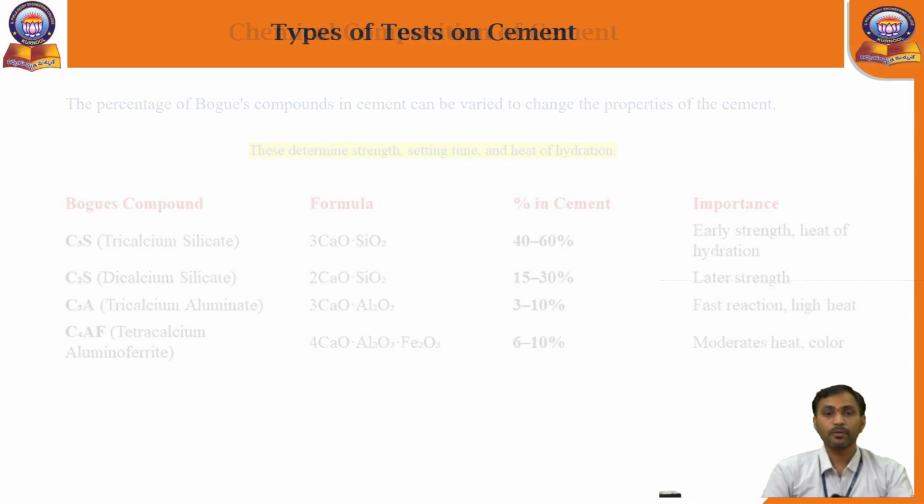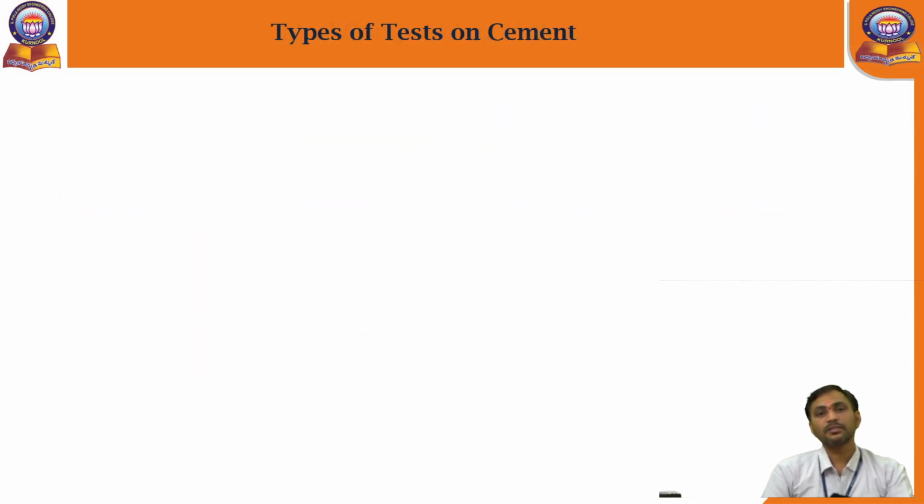Now coming to the testing of cements. This testing of cement is one of the major important tasks for every manufacturing company. Why? Because in the industries they prepare different types of cements.